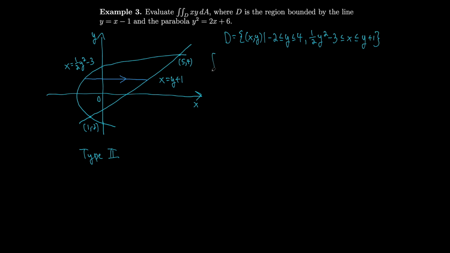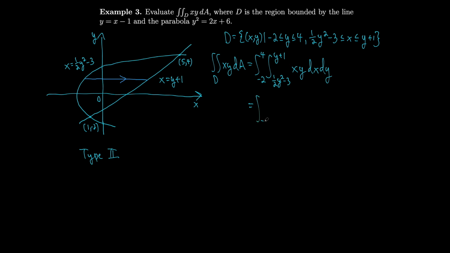Okay, so our double integral over D for xy becomes the iterated integral by Fubini from minus 2 to 4 for y on the outside, and then for x we go from half y squared minus 3 to y plus 1, because that's what we said x is equal to, and we integrate xy with respect to x and then with respect to y.